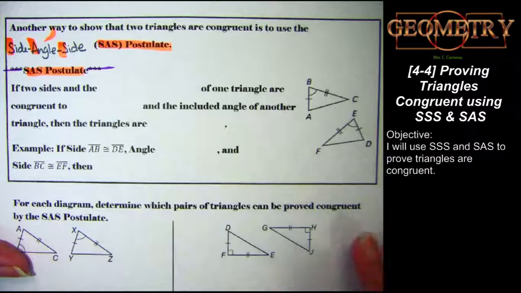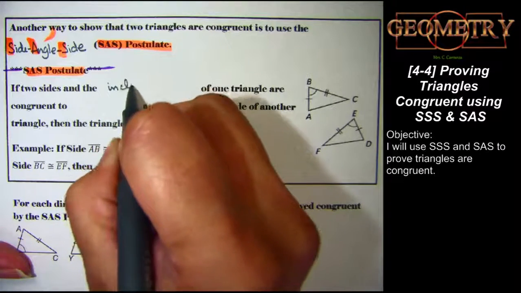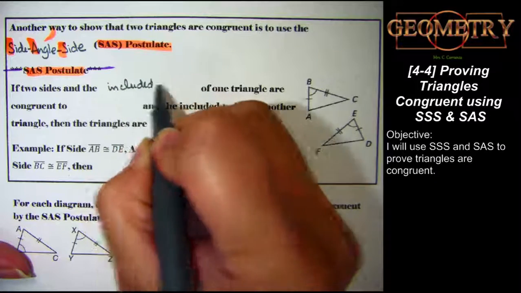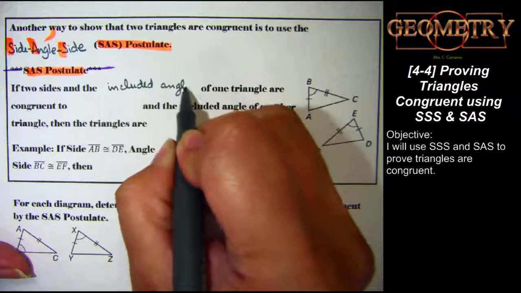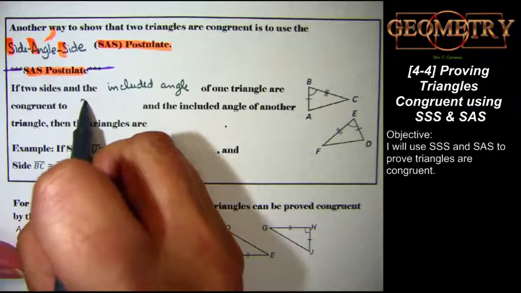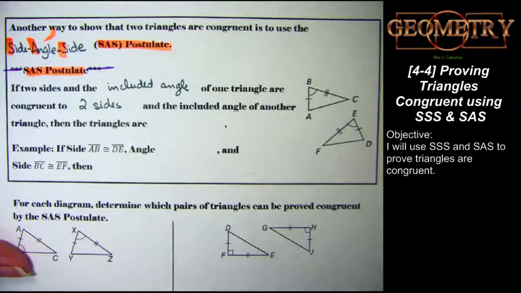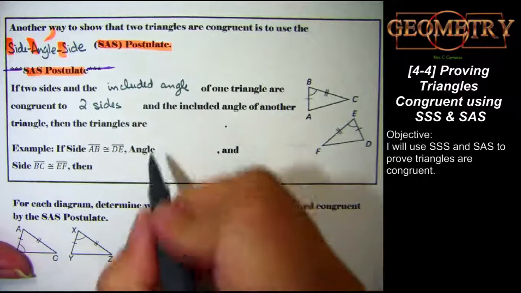The SAS postulate says this: if two sides and the included angle of one triangle are congruent to two sides and the included angle of a second triangle, then those two triangles are congruent.